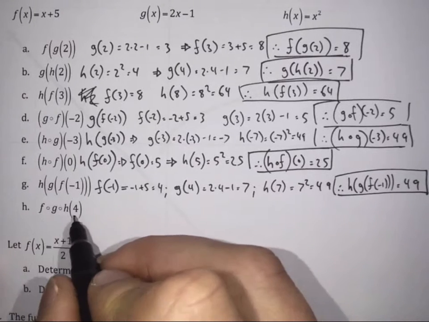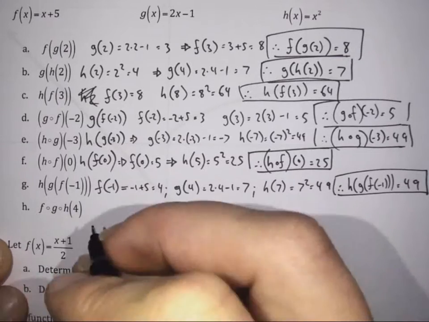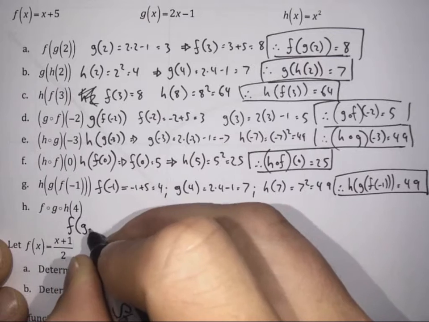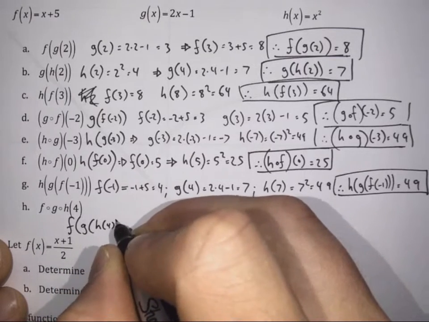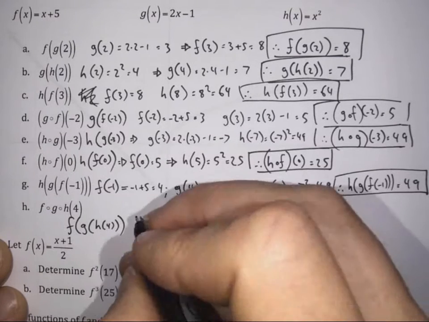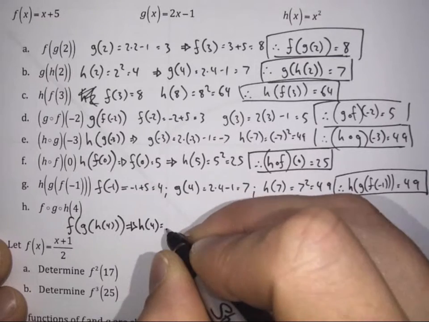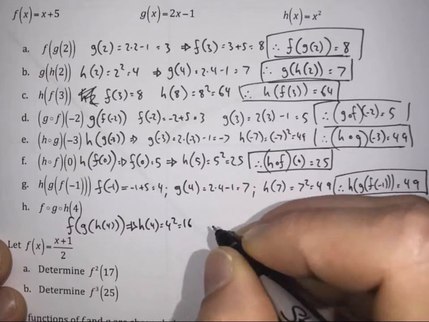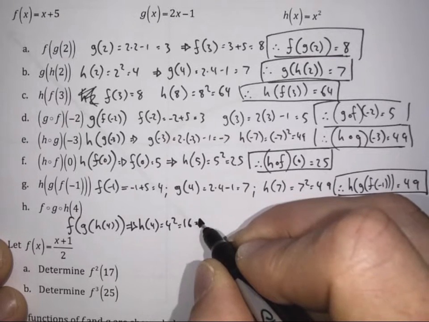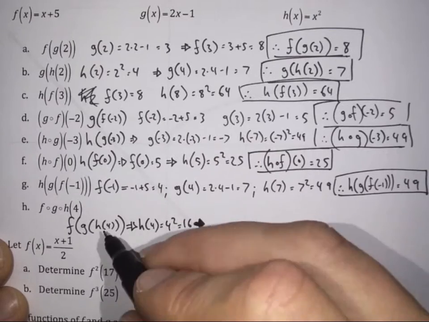All right, last one. Again, we have a similar type of function, an h function inside the g, which is inside the f. So I think it's good to rewrite it in this form. We'll start with f of g of h of 4, close bracket. All right, and so I'll start with h of 4. h of 4 is going to be 4 squared, which is 16. Then I will move on. The output of h of 4, 16, is going to go into g.